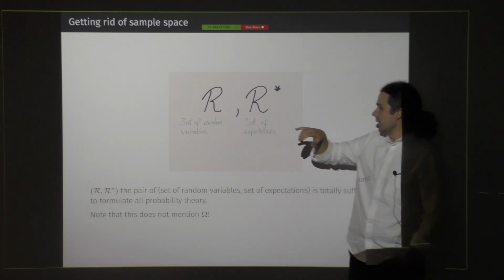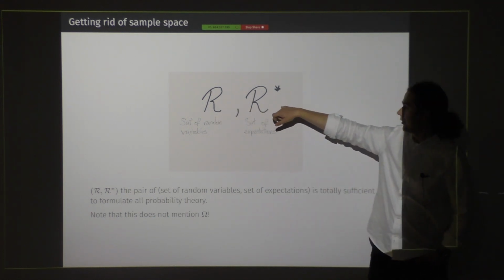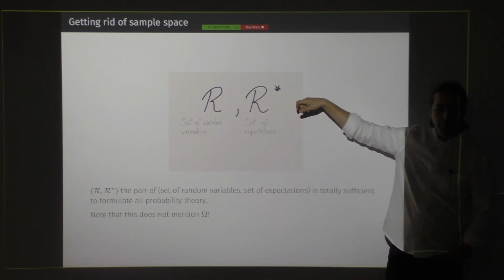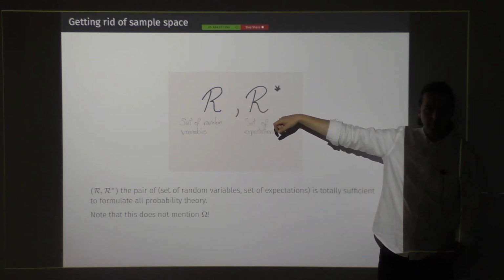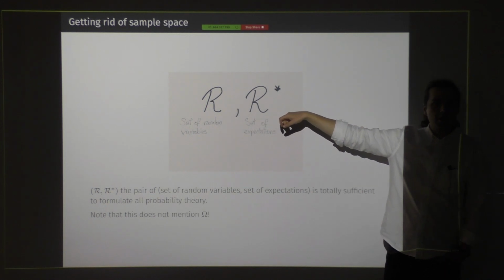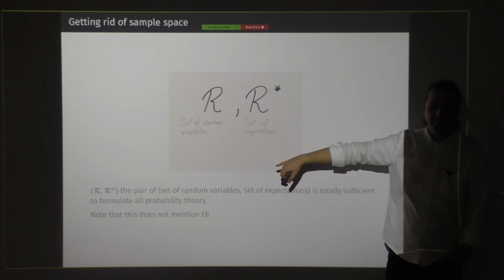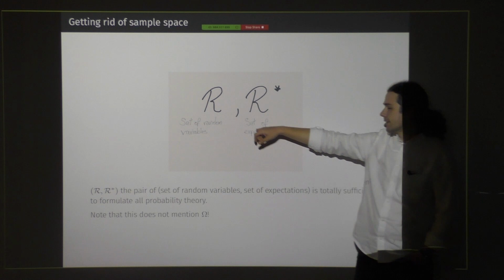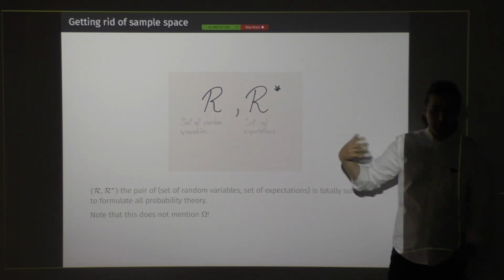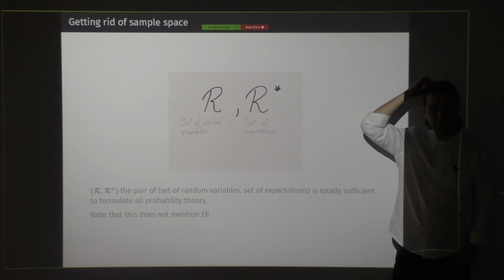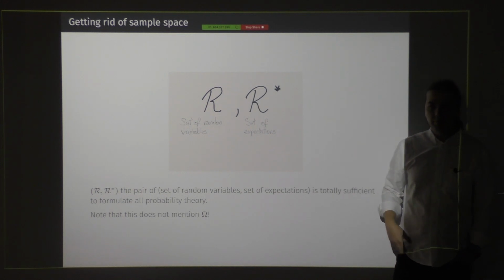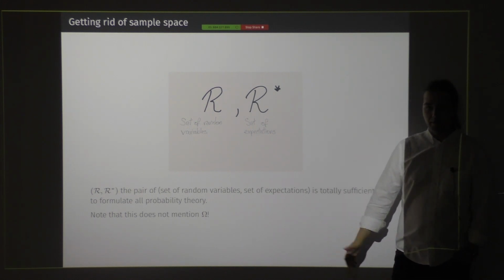And intentionally, I did not write omega here, because we can describe any probabilistic model actually without even referencing this omega. I mean, those sets, the set of the functions, have certain structure, which we can actually describe also very abstractly without referencing the omega.